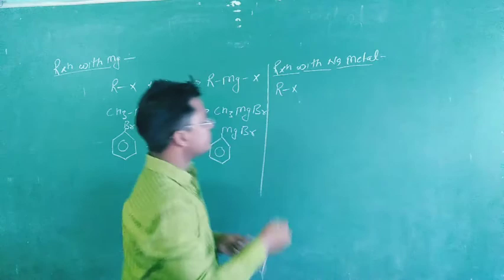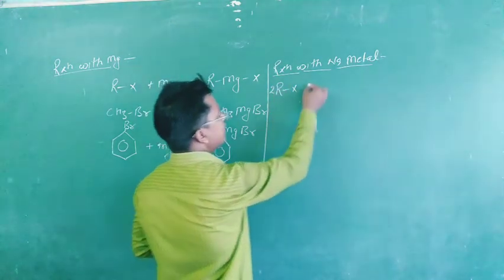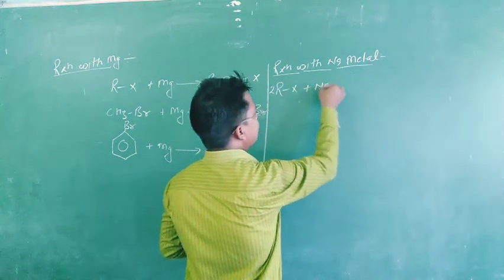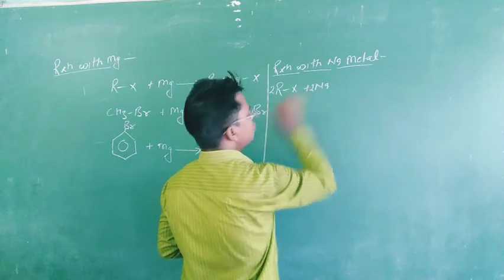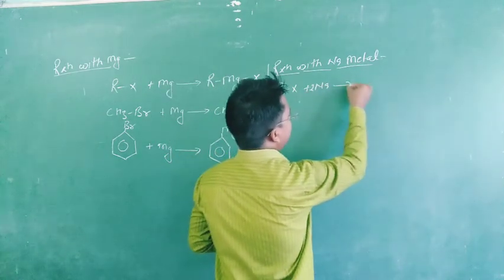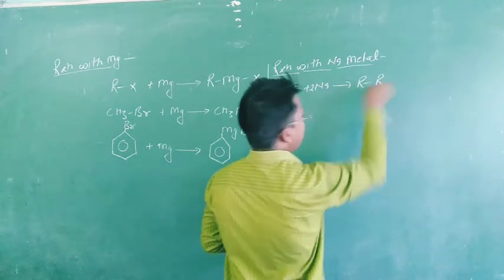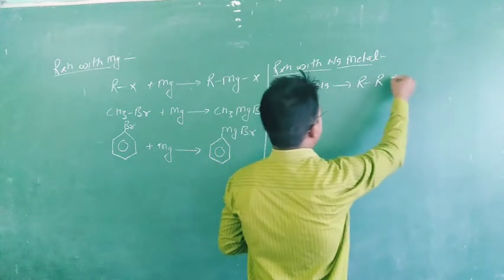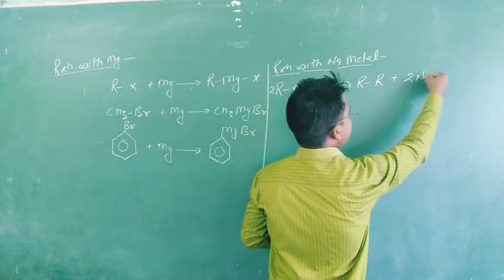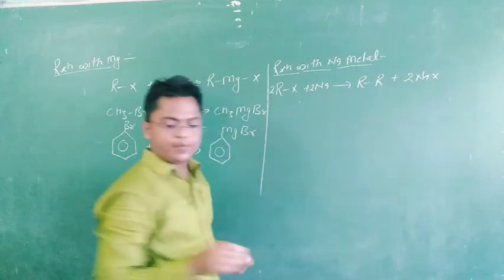Two molecules of RX react with sodium. We have to take two sodium atoms. Then R single bond R, which means an alkane, plus 2NaX will be obtained.